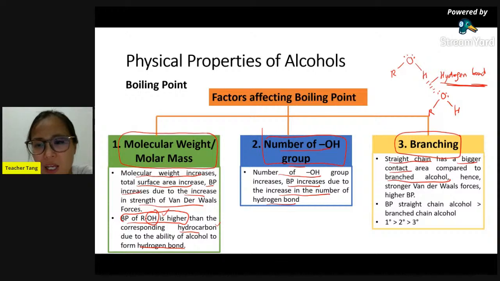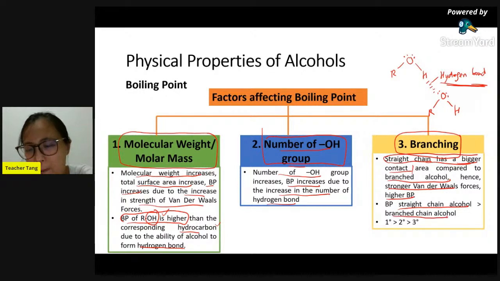Therefore, straight chain alcohol, bigger surface area in contact, will have stronger van der Waals forces, so higher boiling point. Again, straight chain alcohol has higher boiling point compared to the alcohol with branch, because branching reduces the surface area in contact between molecules, weaker van der Waals forces, lower boiling point.